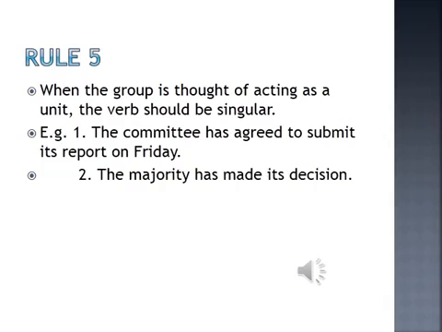But when it means members of the committee, various members, and when we are pointing out each member, then it has to be plural. Otherwise, when we are thinking of it as a unit, then the verb has to be singular.